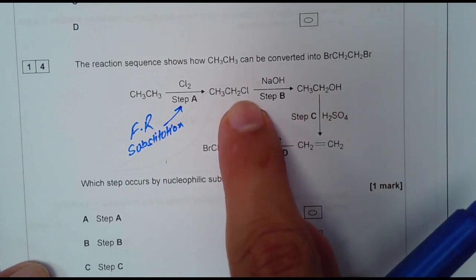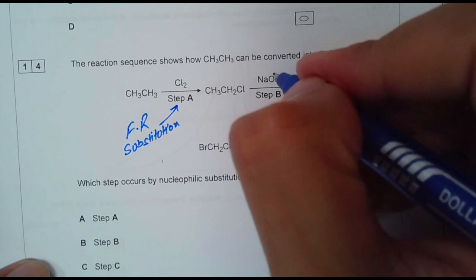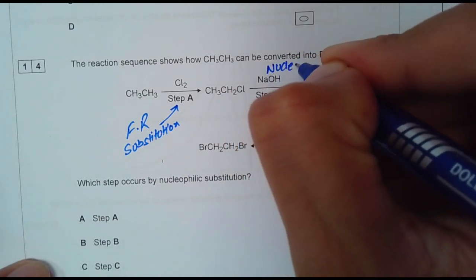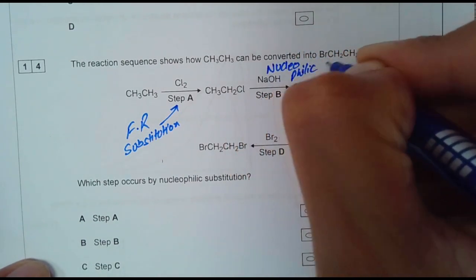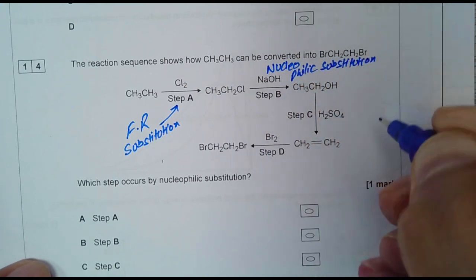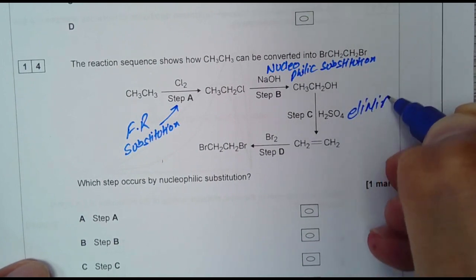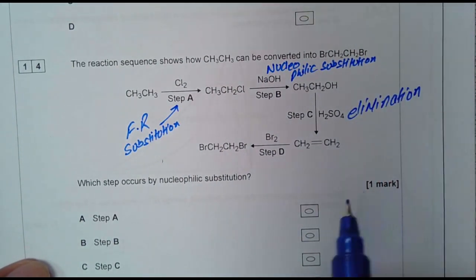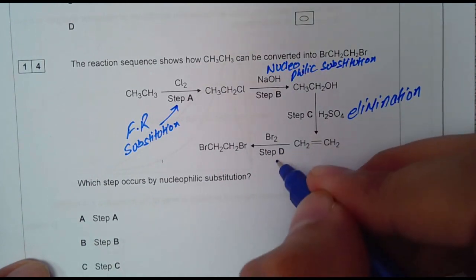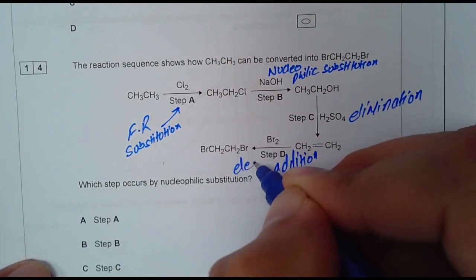So we know OH in this case will be my nucleophile. So this will be nucleophilic substitution. Then step C, a double bond has been introduced. This is my elimination. And for step D, this will be addition. It will be electrophilic addition.